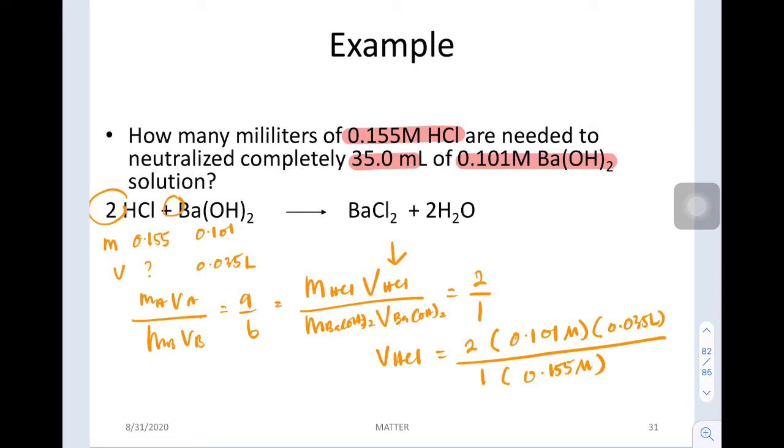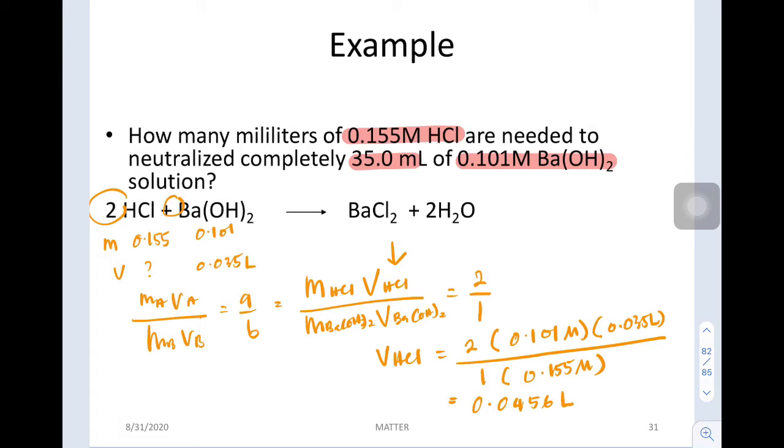When we press the calculator, we will get the volume of the HCl to be 0.0456 liter.